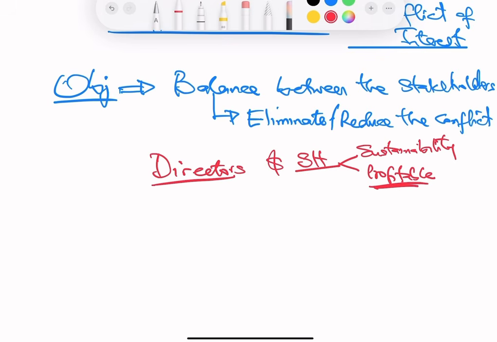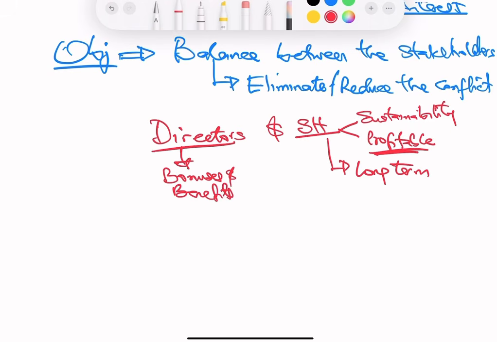So these shareholders are interested in the long term, but directors are interested in their bonuses and benefits, which are given to them every year. So in that case, they are looking short term. So you can already see conflict there.